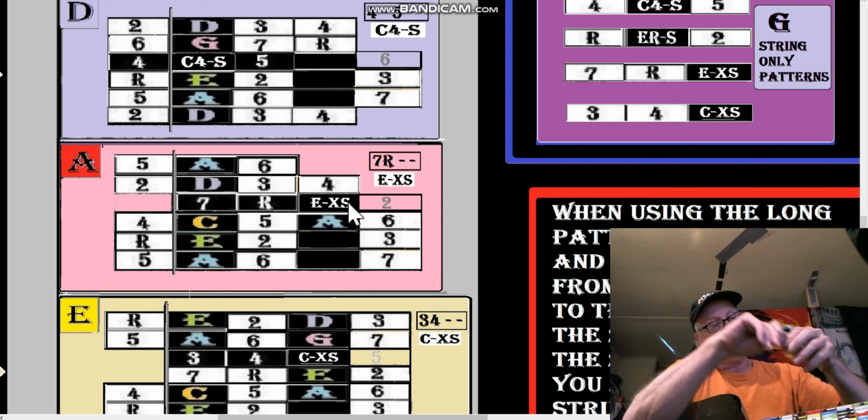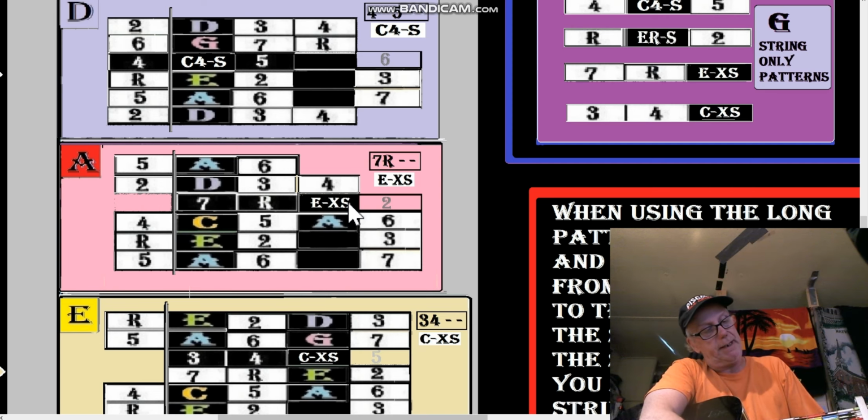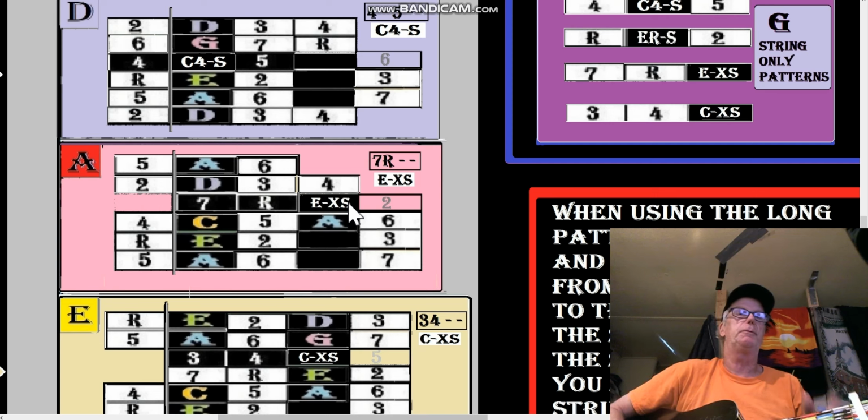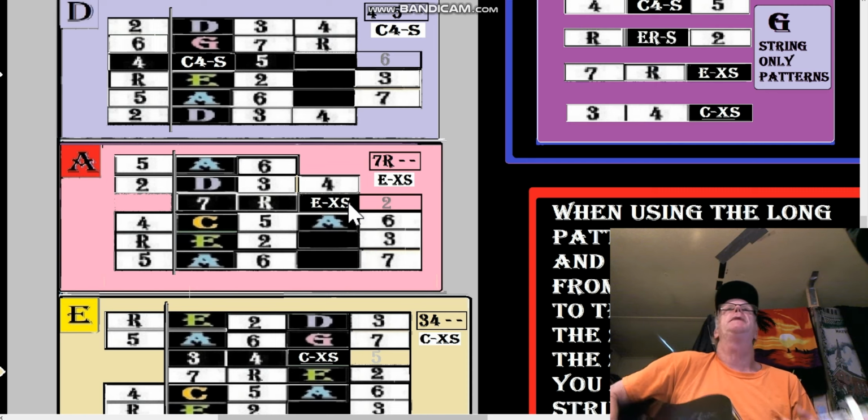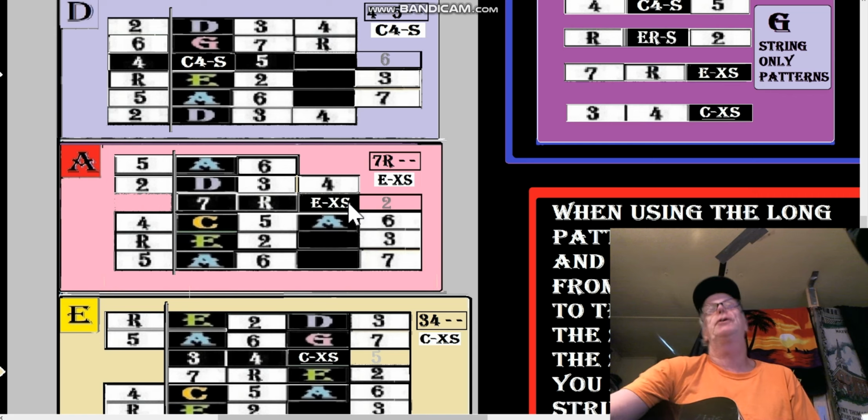Slap a capo on here, and guess what? I can't play that. Now we have to play the long pattern. There's actually 4 ways to play it. The fourth way is, if we're going to play an A pattern long, it goes right into the long patterns here. Another way to play it is just get away from the fret nut as fast as you can on the bottom string, or any of the other strings.